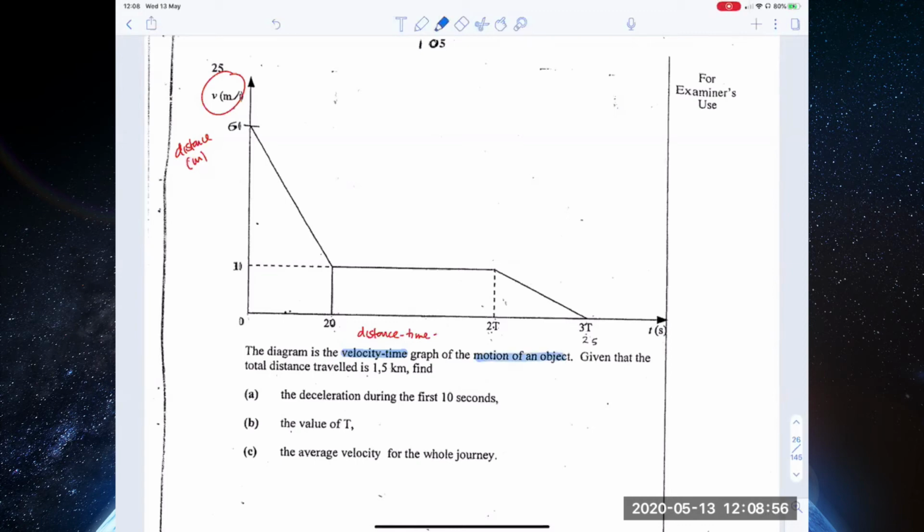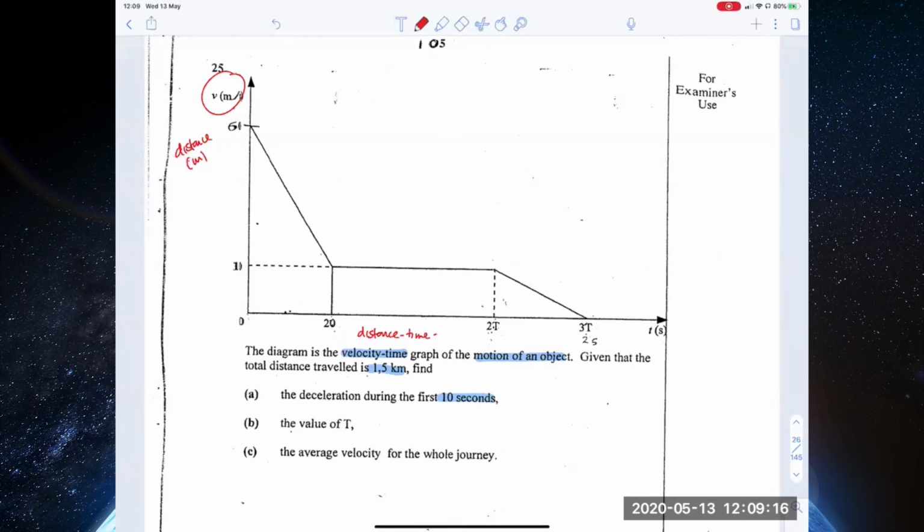Given that the total distance is 1.5, find the deceleration during the first 10 seconds. So given that the total distance traveled is 1.5, it says find the deceleration in the first 10 seconds.